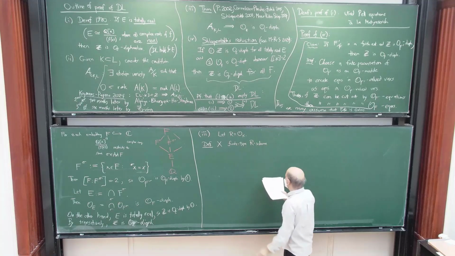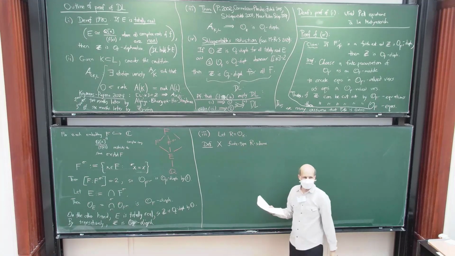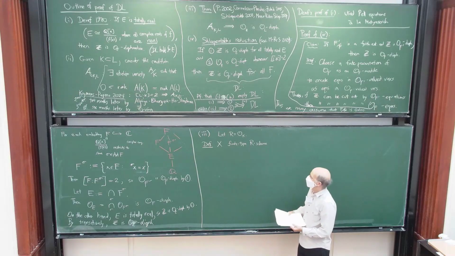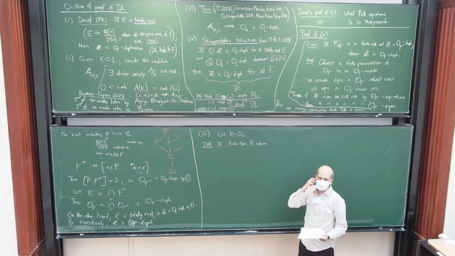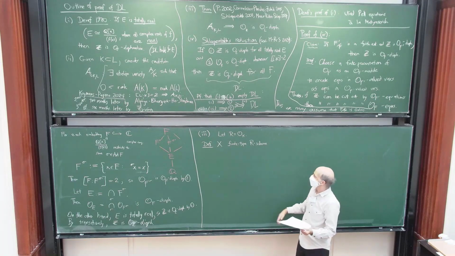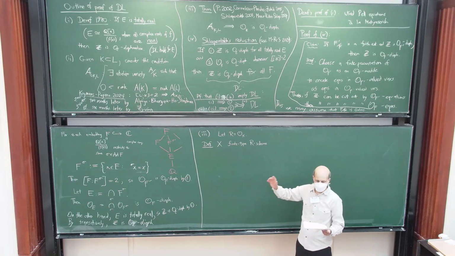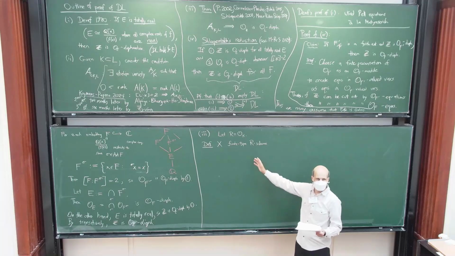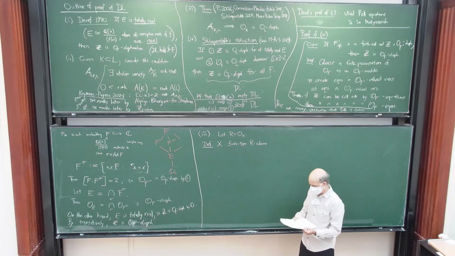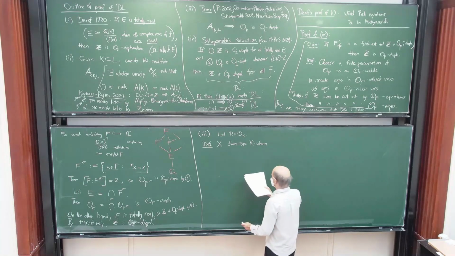If you don't know what a finite type R scheme is, just think of it as kind of like an algebraic variety. It's some geometric object, some algebraic geometry object that's defined by finitely many polynomial equations with coefficients in R. So it's just given by some system of polynomial equations.